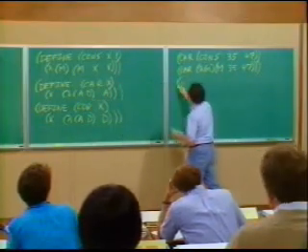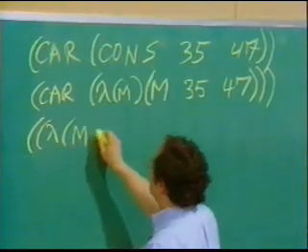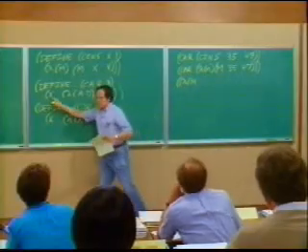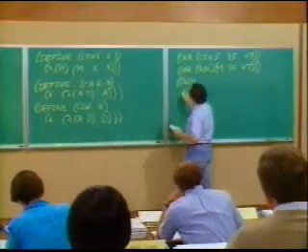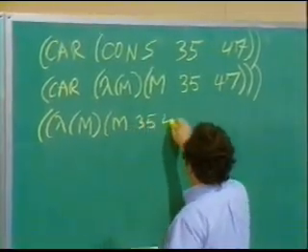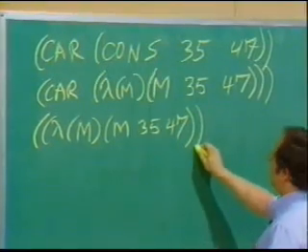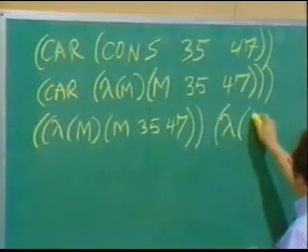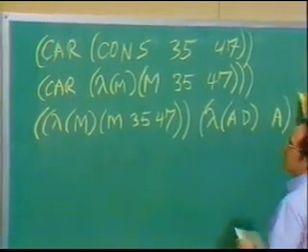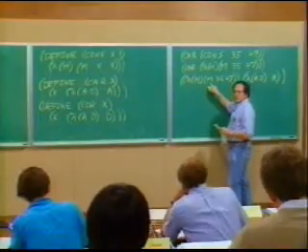Well, this is the result of substituting this object for x in the body of that. So that's just lambda of m. That's because this object is being substituted for x, which is at the beginning of a list. Lambda of m of 35 and 47, okay, applied to that procedure of A and D, which gives me A. Oh, but that's the result of substituting this for m here.